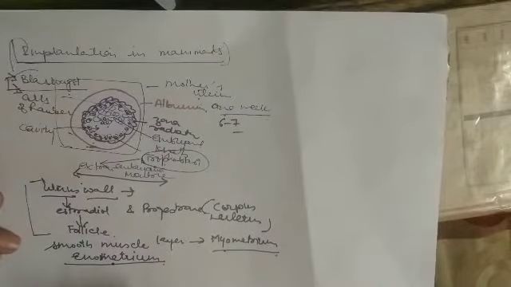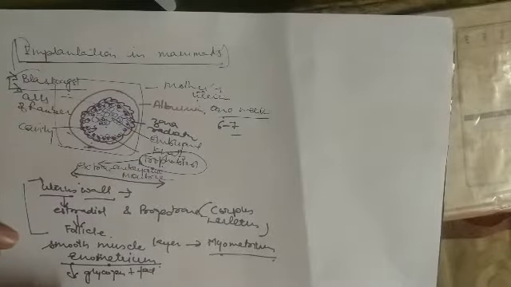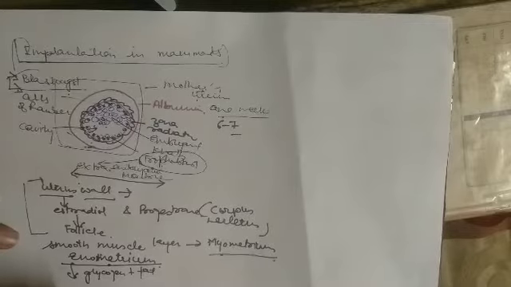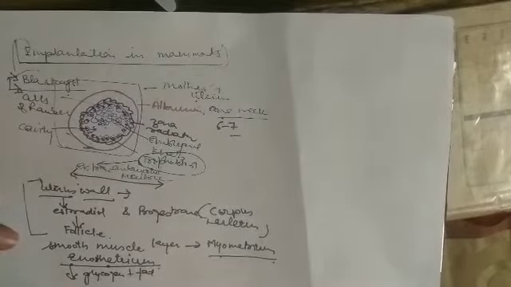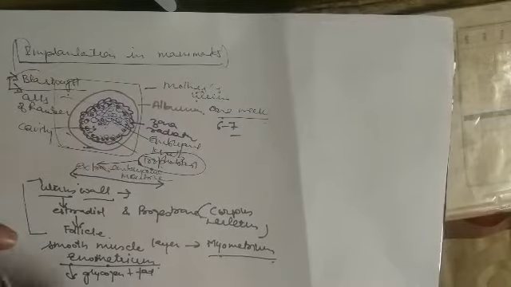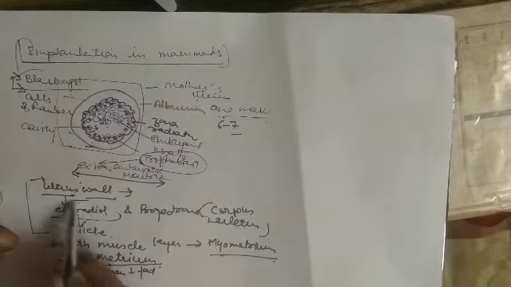Glycogen and fat accumulate in the endometrial cells, and glands develop to secrete nutritive fluid into the uterine lumen. All these preparations are happening under the influence of these two hormones, estradiol and progesterone.